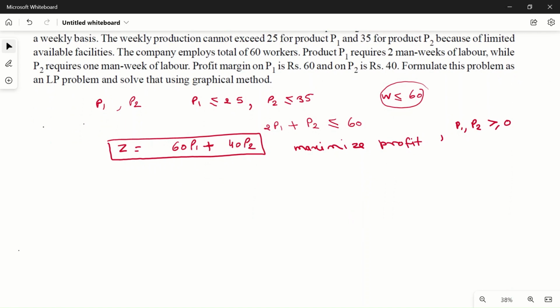So our objective function is 60 P1 plus 40 P2, and our constraints are P1 is less than or equal to 25, P2 is less than or equal to 35, and 2P1 plus P2 is less than or equal to 60. Okay, so we will convert these into equalities.